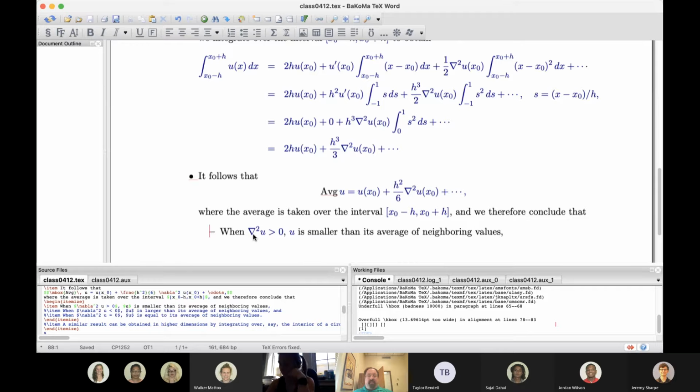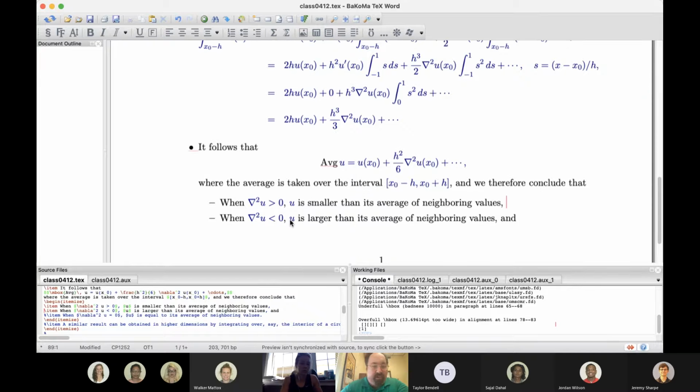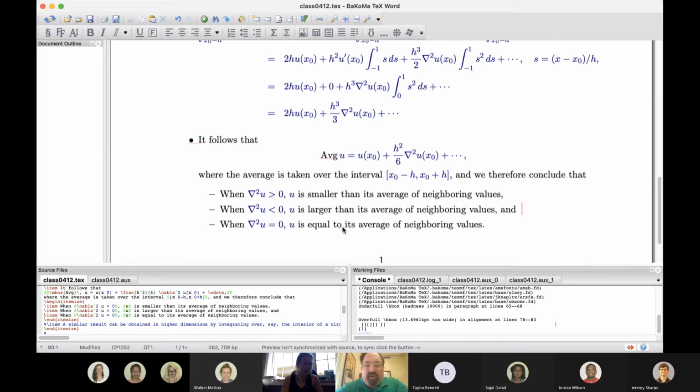If u double prime is positive, that means the function is concave up, and based on a graph of a concave up function, the graph tends to fall below a secant line, so u is smaller than the average of neighboring values. If your Laplacian is negative, then u is larger than the average of neighboring values, and if the Laplacian is 0, then u is equal to its average.